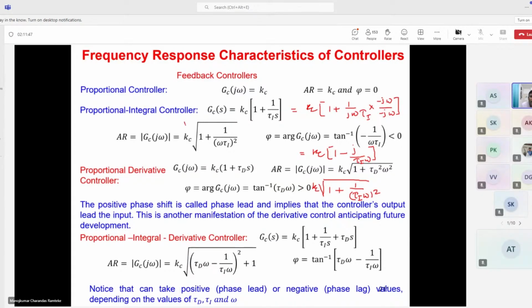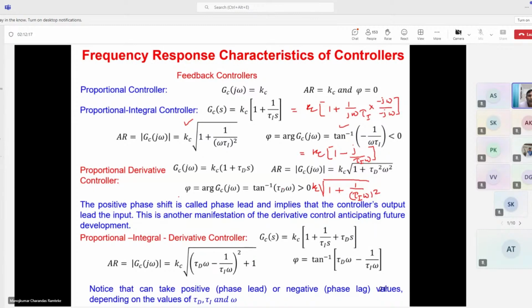That is what we have written. Is it clear? Yes, sir. And phase angle will be imaginary part by real part. So minus 1 upon tau I omega divided by the real part, which is 1. So the phase angle is tan inverse of minus 1 upon omega tau I directly. Correct?